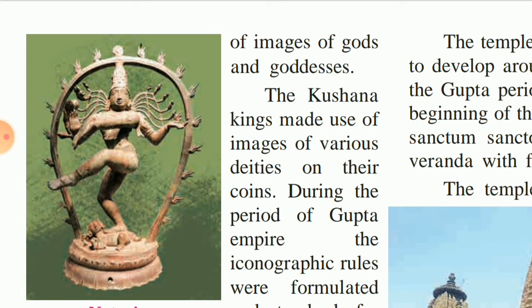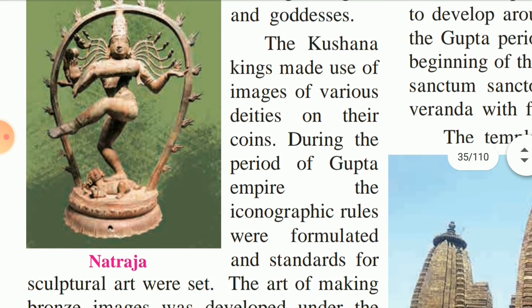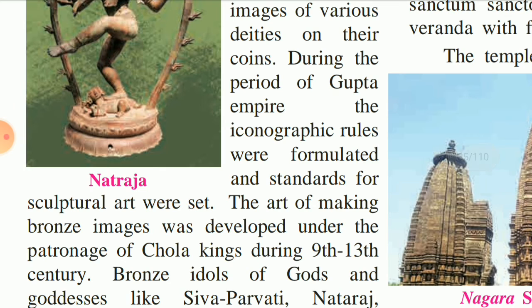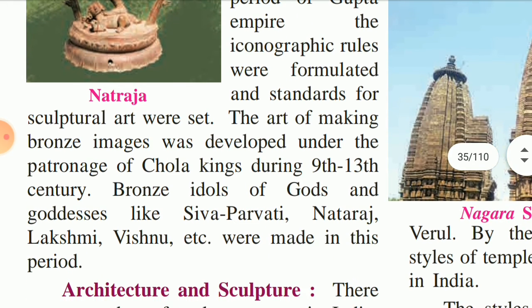First one is the Kushana kings, then the second one is the Gupta Empire, where the rules were formulated, and the third one the Chola kings, in the 9th and 13th century, and bronze idols of gods and goddesses like Shiva and Parvati, Nataraj, Lakshmi, Vishnu, etc. were made during this period. So in this way, iconography came into existence.